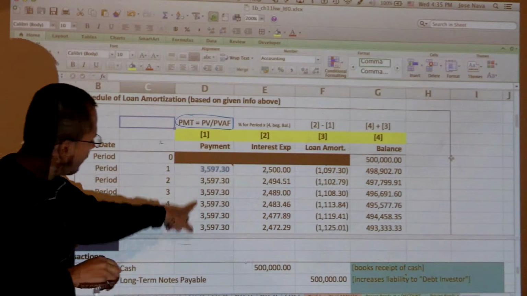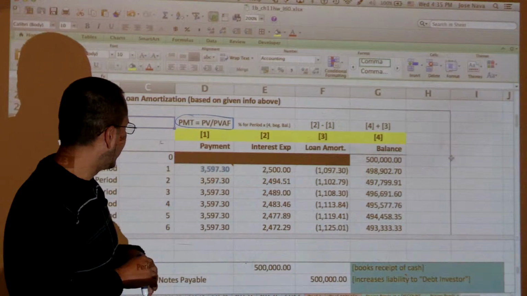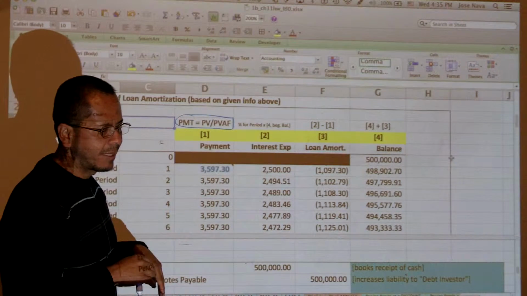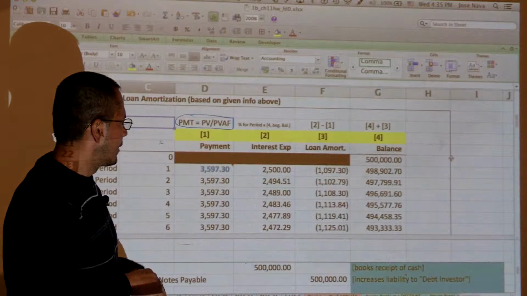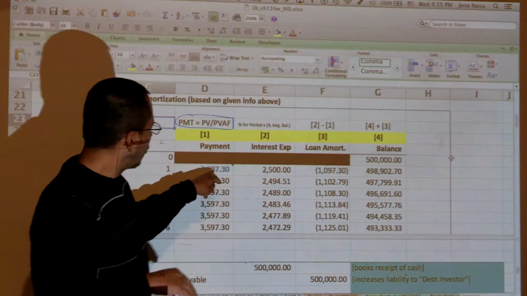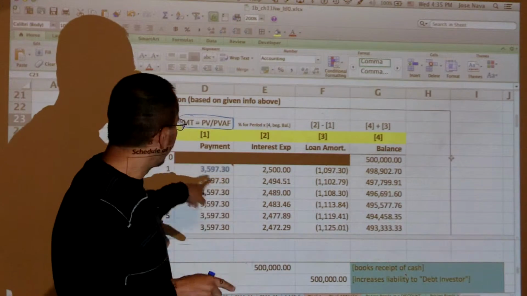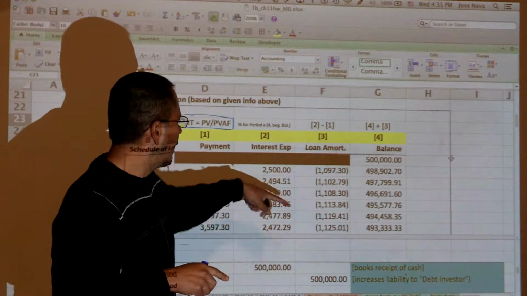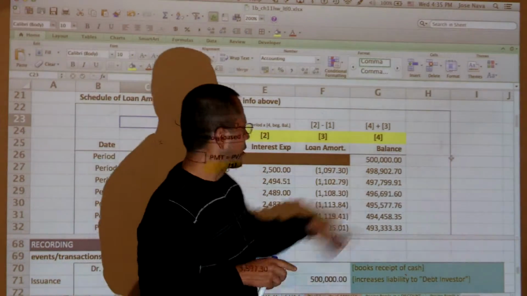And this is a fixed payment that you provide to the investor for 12 months each year over about 23 years. So if you do that, what portion of this payment is actually interest expense, and what portion of that payment is paid down on the balance?